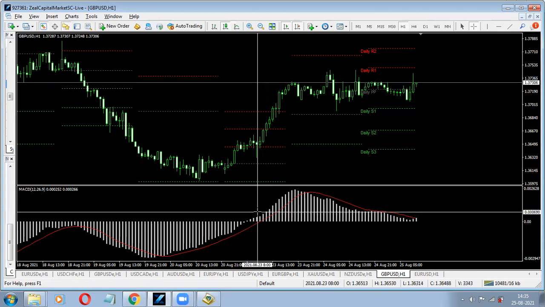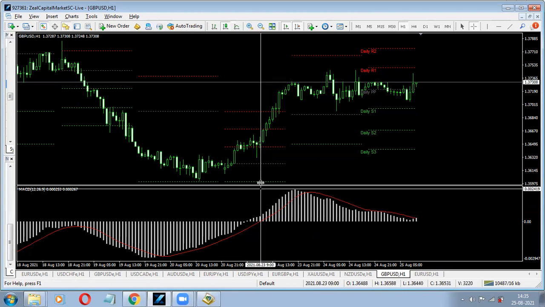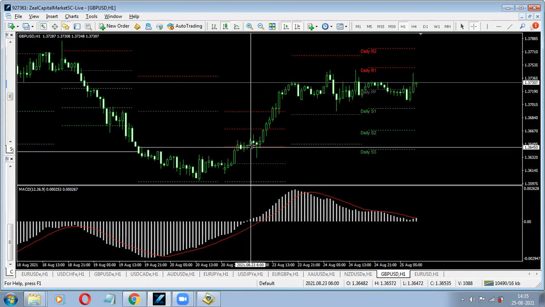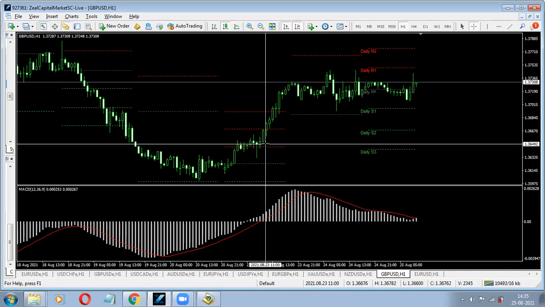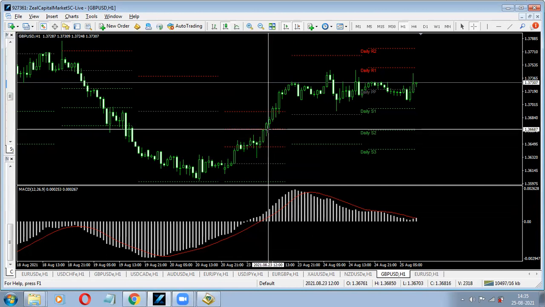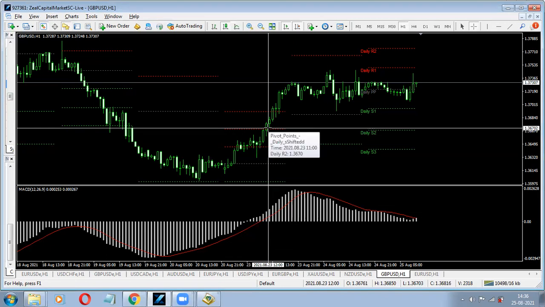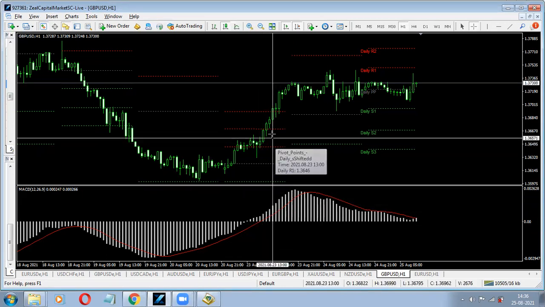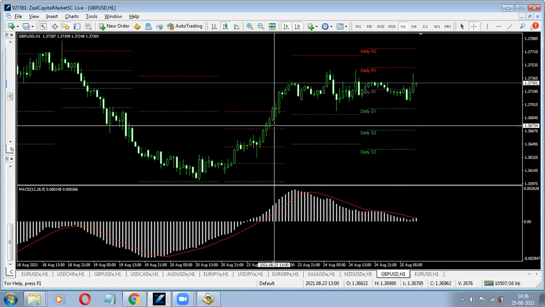But if you want additional surety, you would wait, because at this point you see price just going up and down, and maybe up here this candle crossed the pivot line, and also MACD signaled buy. You could have bought here.